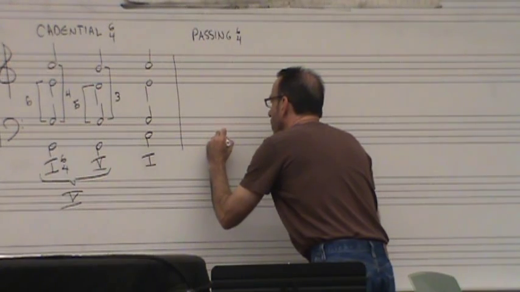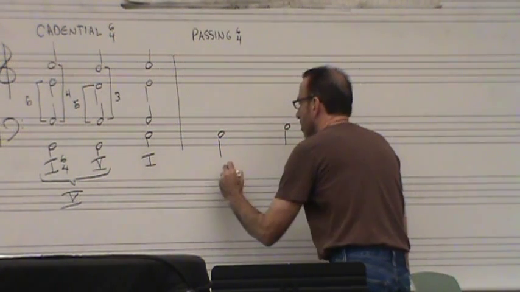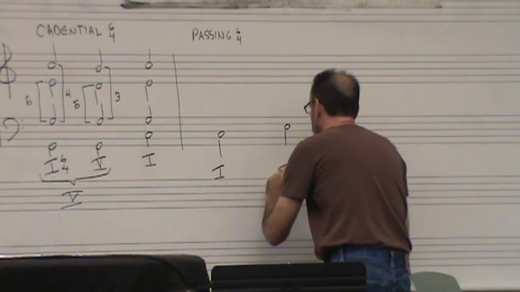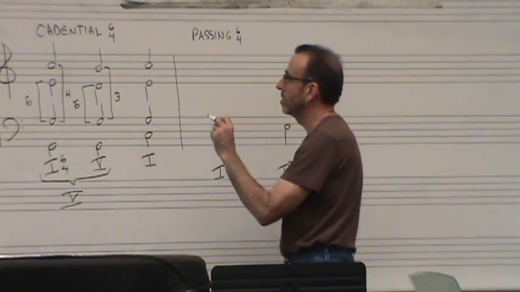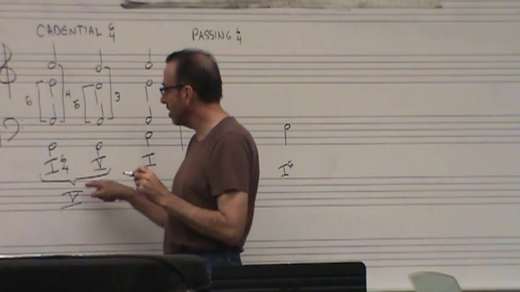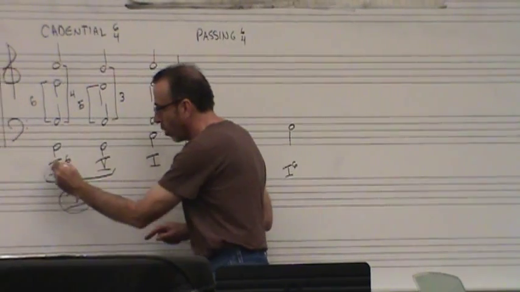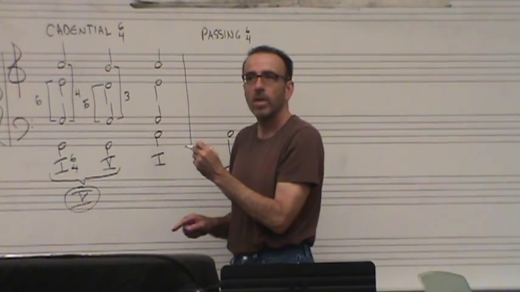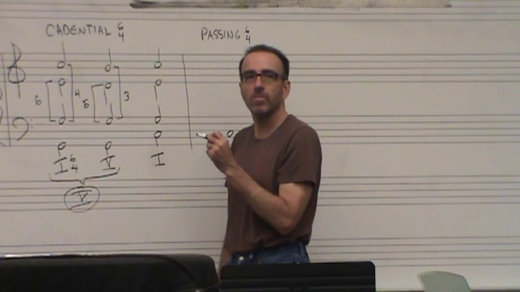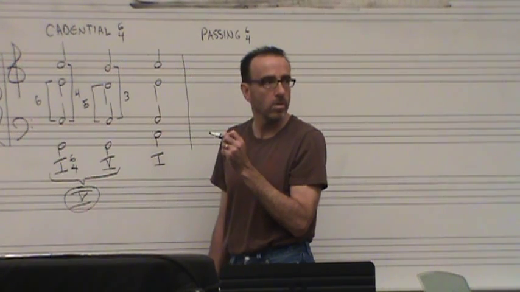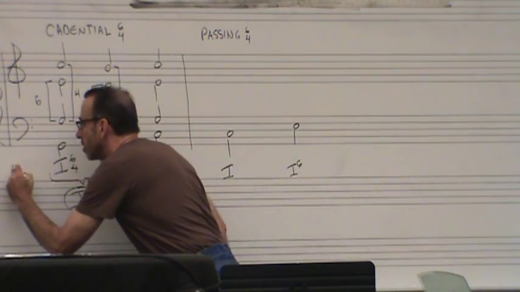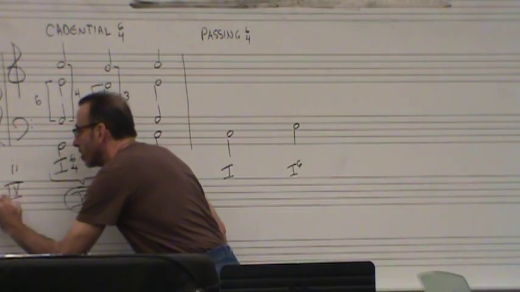So if we had this progression from 1 to 1-6, oh wait a minute, I want to go back to the 4. So since this is like a 5 chord, this whole unit is like a 5 chord, it should be preceded by some kind of predominant chord, which is either 2 or 4. Right?